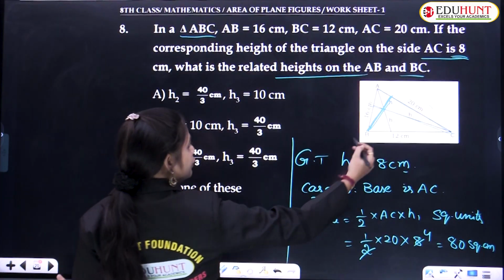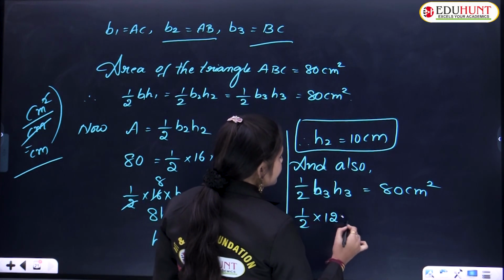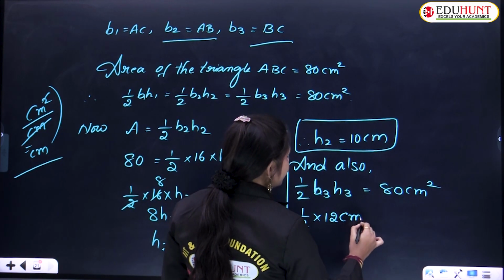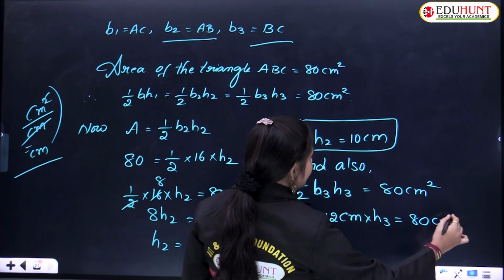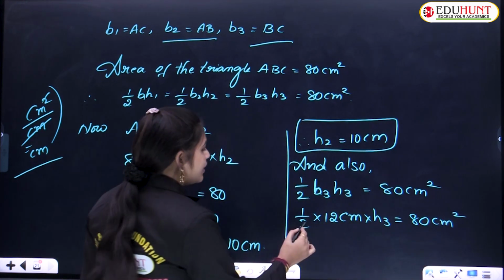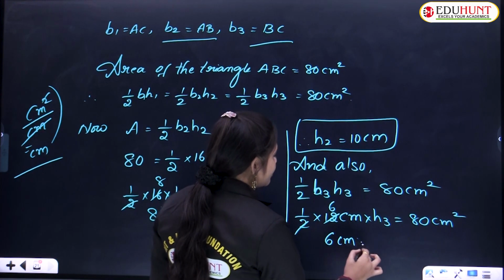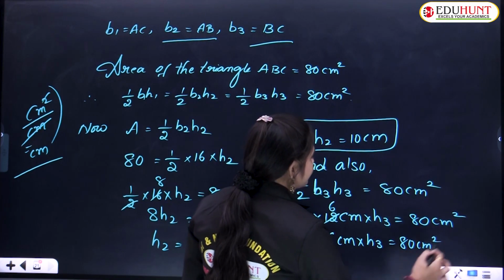BC value is equal to how much? 12 centimeters into H3. 12 centimeters into H3 is equal to 80 centimeters square. Clear? Now 2 sixes are 12, so 6 centimeters into H3 is equal to 80 centimeters square.